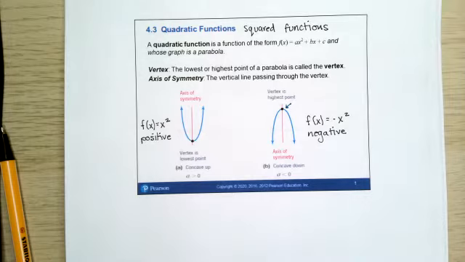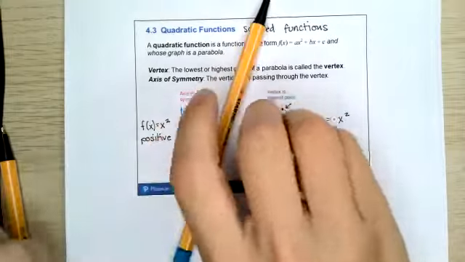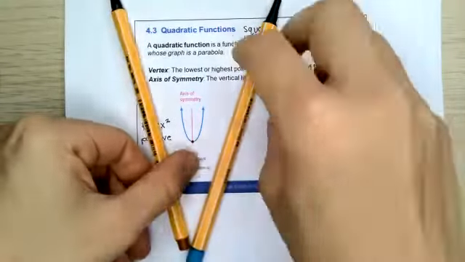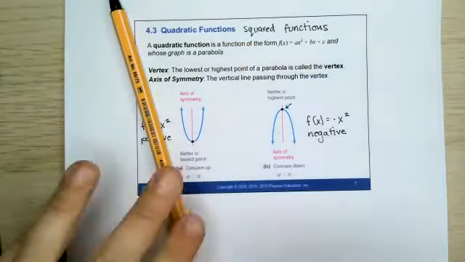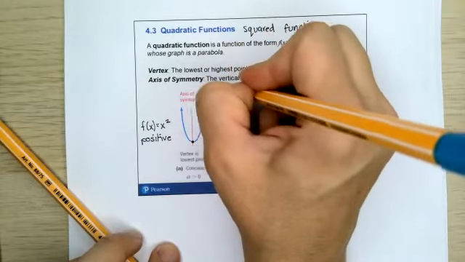So domain for a quadratic function is all real numbers, right? Because you have arrows going in both directions, even if it's gently, the arrows are going in both directions for the x-axis. So our domain is just all real numbers.